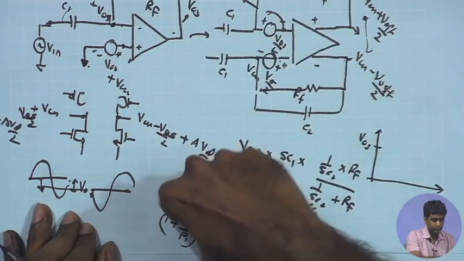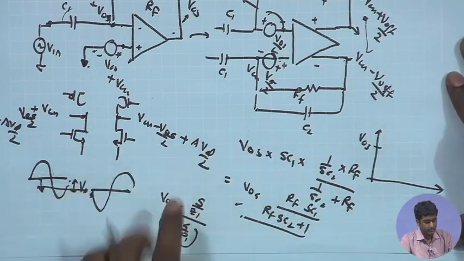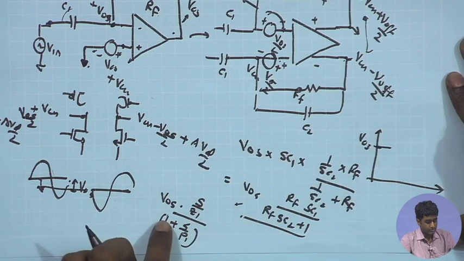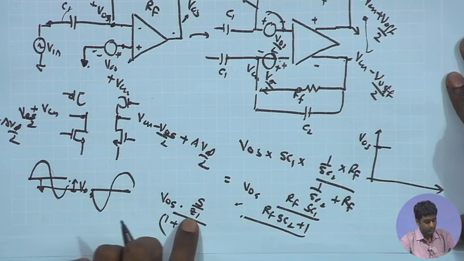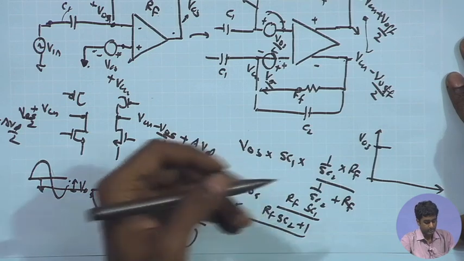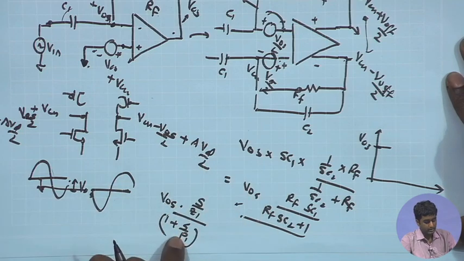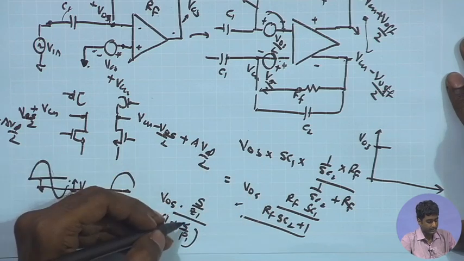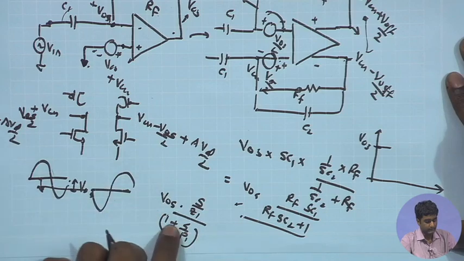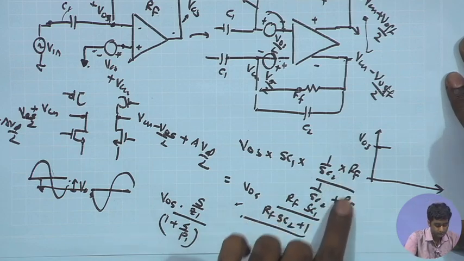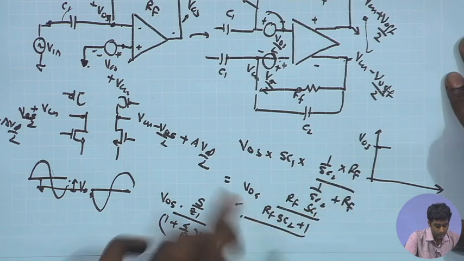this signal itself is only DC. Then as we approach S equal to Z1, and when S is much greater than P1, once again you have this component coming in.